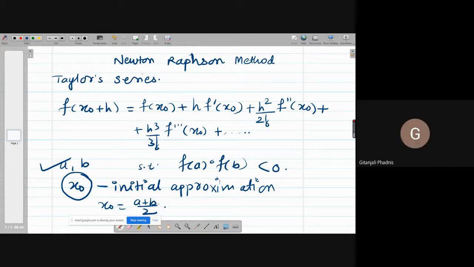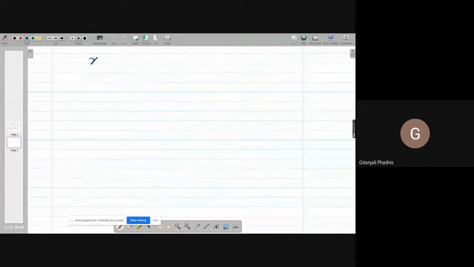In regula falsi, you have some function given to you. Suppose you are given x cube minus 5x plus 11 equal to 0, and you want to find the real root of this equation.